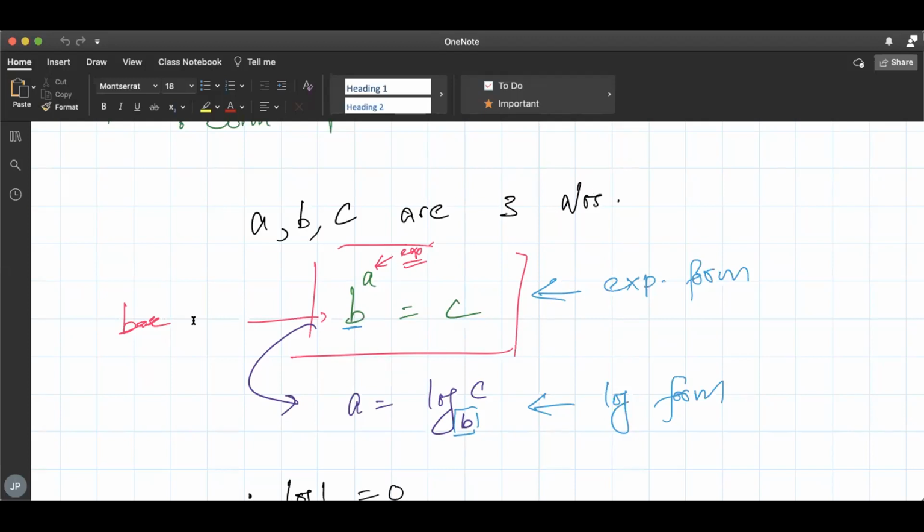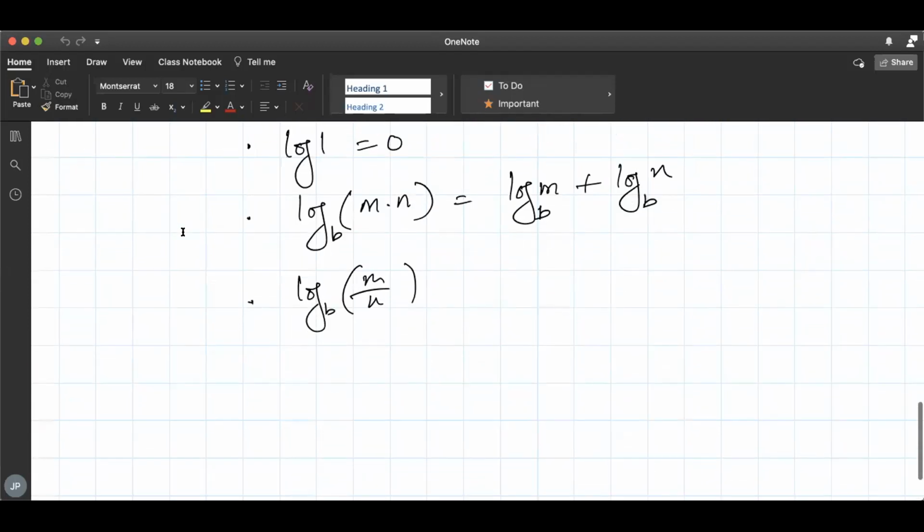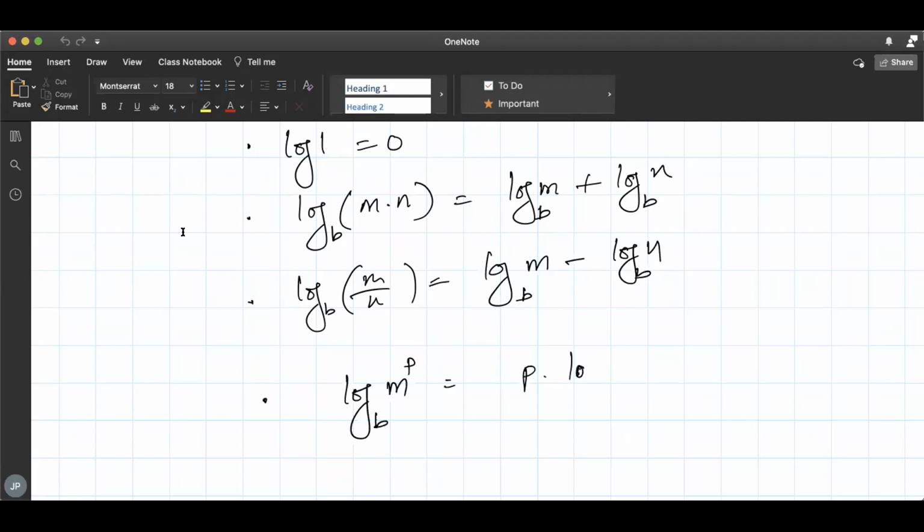The log of a quotient would be equal to the difference of the logs. And there are some special properties also, like the log of a power. Let's put it as some p for power, log of m to the power p is equal to p times log m, that base.